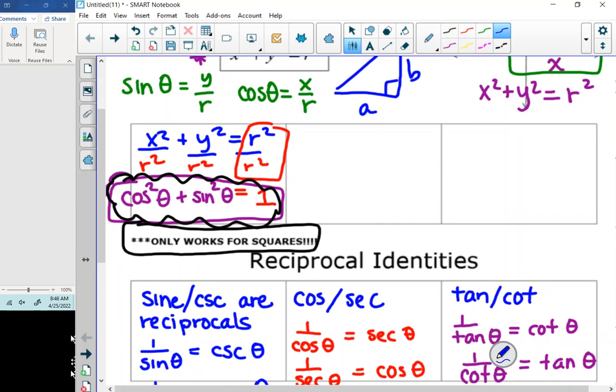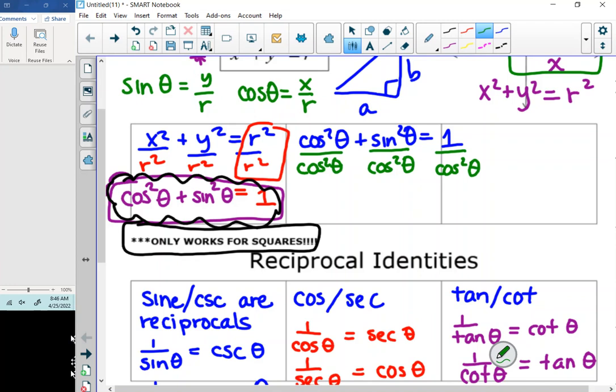Now, I said early, if you learn the one Pythagorean identity, you can get the rest of them. So the main Pythagorean identity is that cosine squared plus sine squared equals 1. If we took that statement and let's say I wanted to divide everybody in that statement by cosine squared.